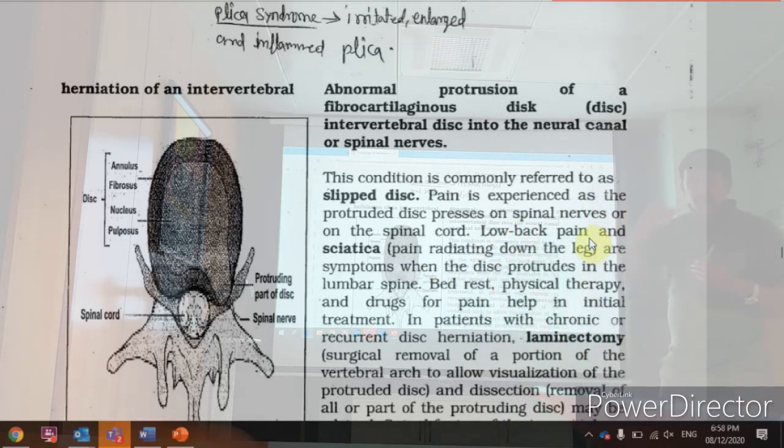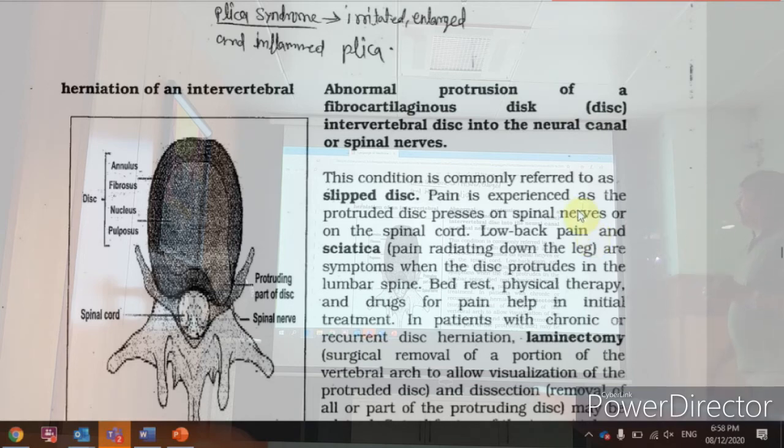They try to cut the disc, or do reduction of this, or positioning, or they do a laminectomy. Laminectomy is cutting of the lamina, the covering, where there is a gap, as we saw in the anatomy. Laminectomy can be done. Alright?